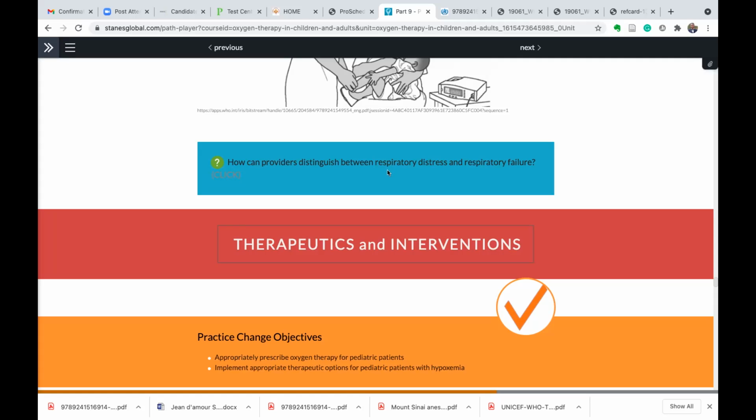Yeah, okay. I will show the video to show the difference, but in my own experience, when someone has respiratory distress, they are in a compensation mode. So they try to increase the respiratory rate and they increase the respiratory effort to meet the oxygen need. So in the respiratory failure, the compensation has failed.